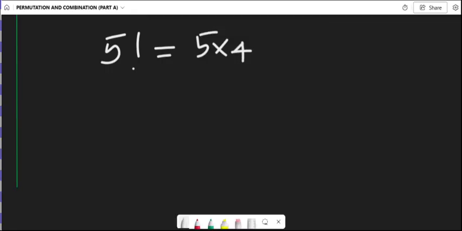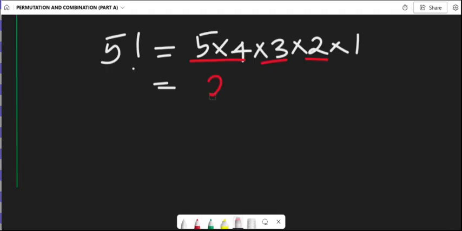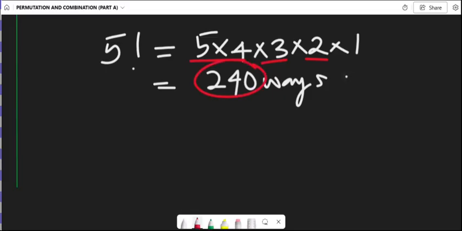When you multiply this, 5 times 4 is 20, 20 times 3 is 60, 60 times 2 is 120. So 5 factorial is 120. Okay, let's go to examples and see what we have.